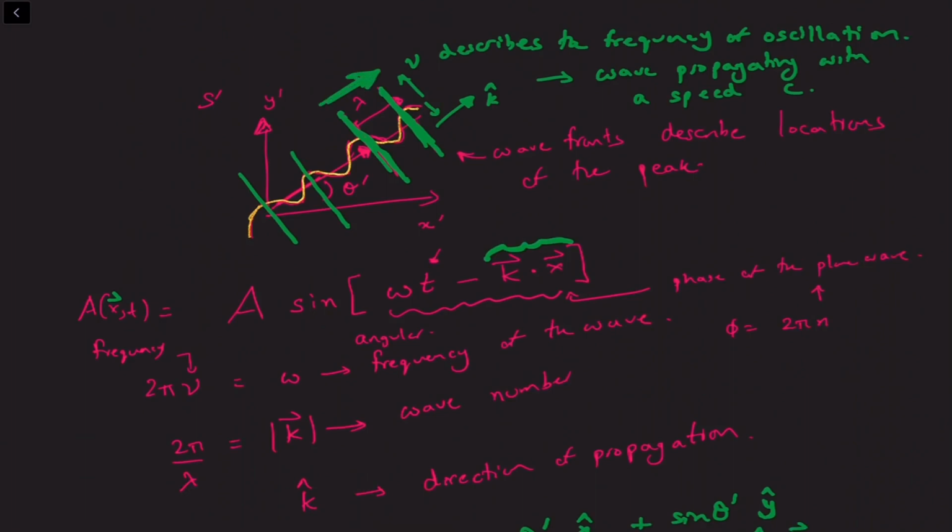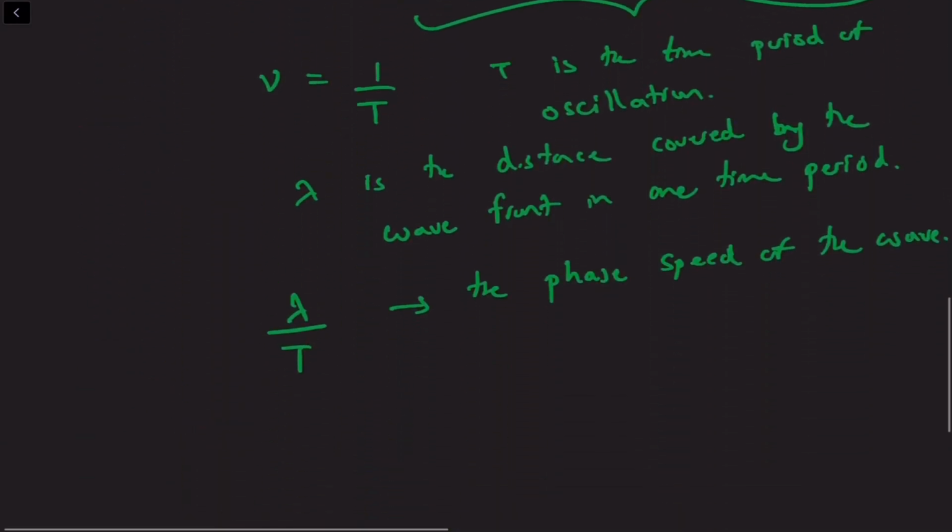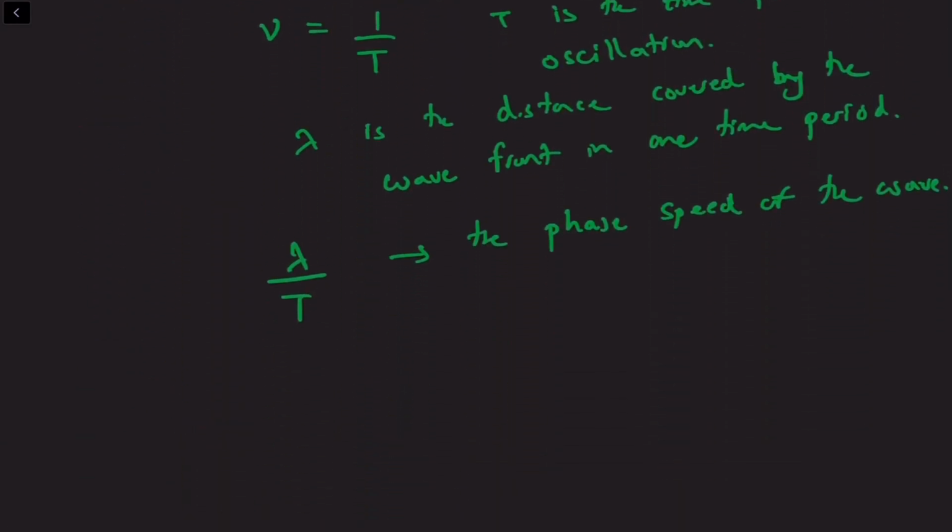The speed of the wave tells us the rate at which this wavefront appears to propagate forwards, and this speed should be c for a light wave.